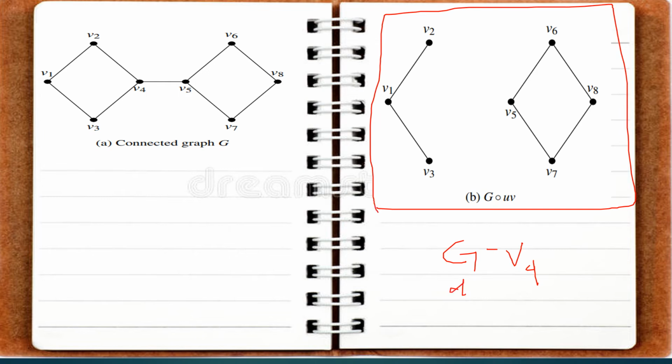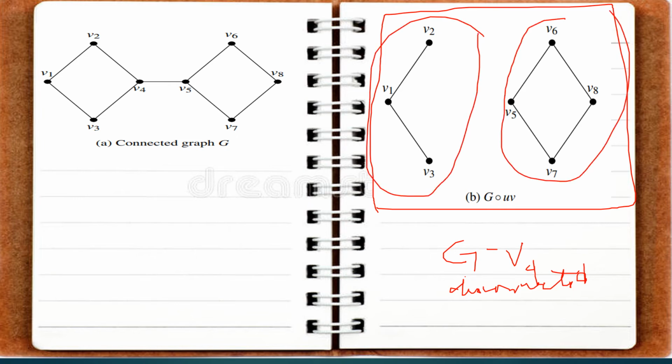It is a disconnected graph because the resulting graph has two different components: 1, 2. Again, when we removed V4, the resulting graph has two different components.